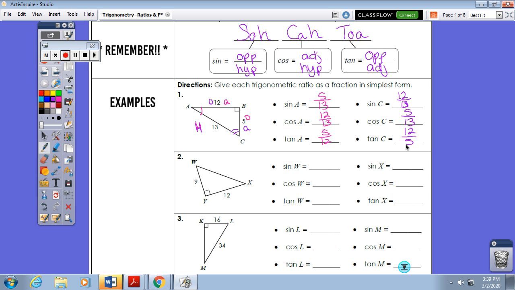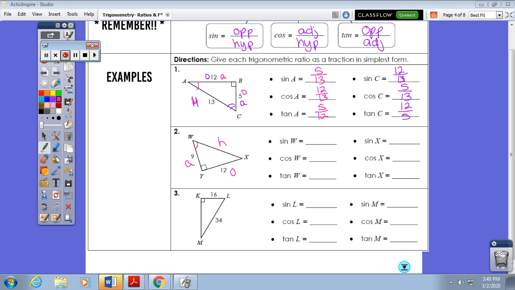Go ahead and pause, and try number 2 and number 3. For number 2 and 3, though, you may find out quickly that you don't have the hypotenuse for number 2, and you're missing a leg on number 3. We do have a right triangle, so we can use a squared plus b squared equals c squared.